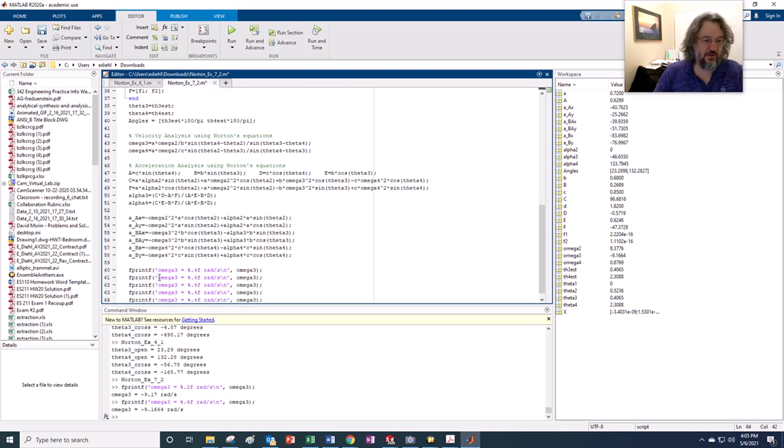So I want to have, first off, theta 2, go degrees, and we'll go angles 1.